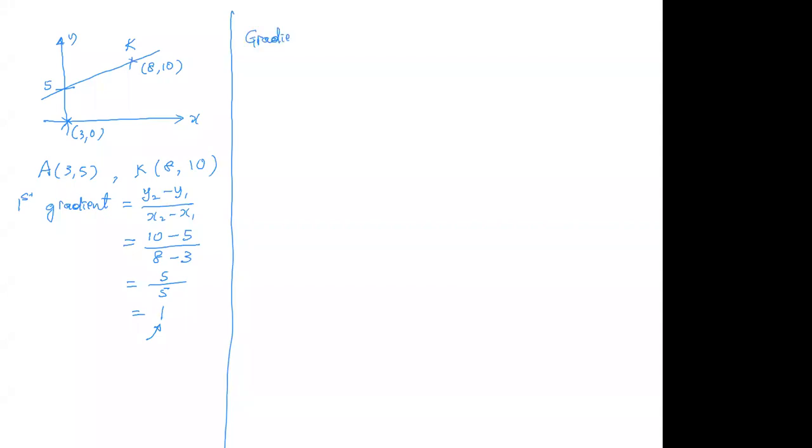Gradient is the rate of change of y, in this case our variable is called y, with respect to x.